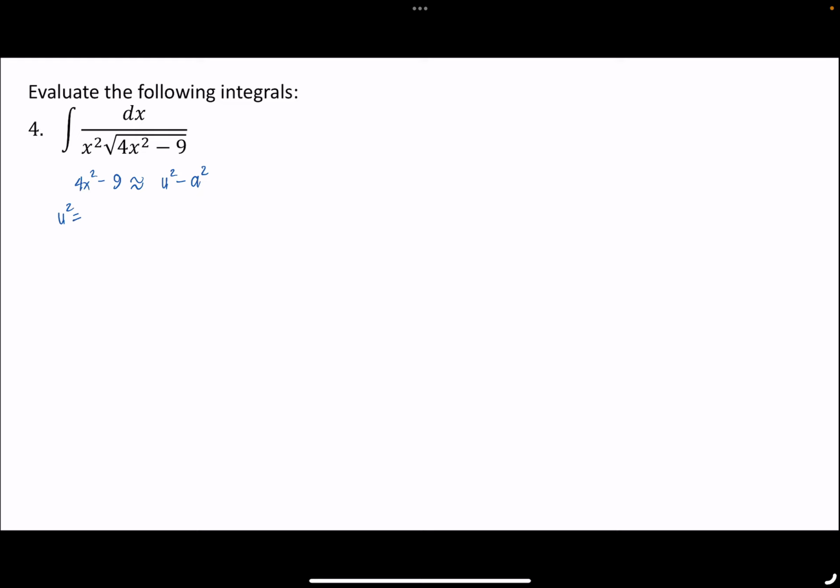So our u squared is 4x squared and u is equal to 2x. 9 is equal to a squared, so a is 3. If we have u squared minus a squared, we use u equal to a secant theta.